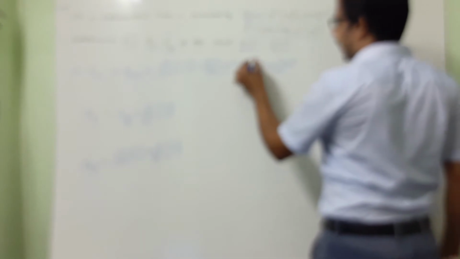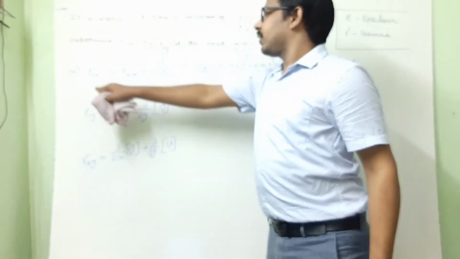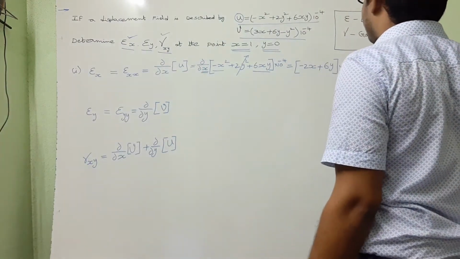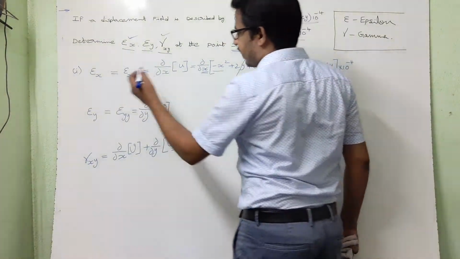So here no need to calculate the y value. So partial differentiation with respect to x: minus 2x plus 6 into y, equal to minus 2x plus 6y into 10 power minus 4. This is the epsilon x value.